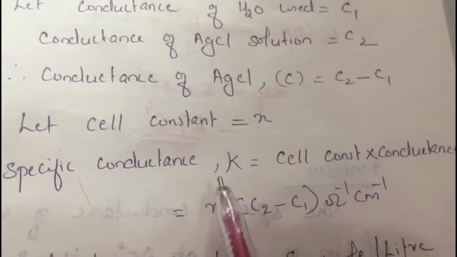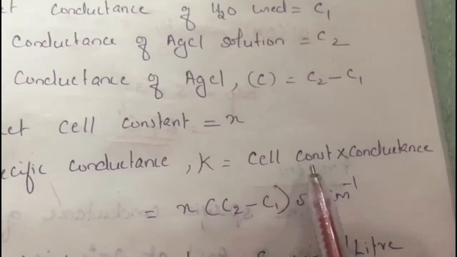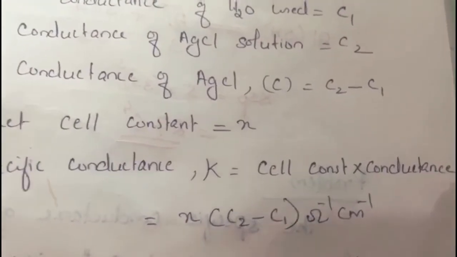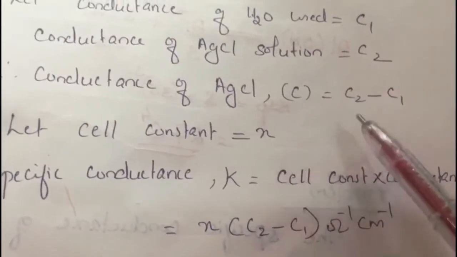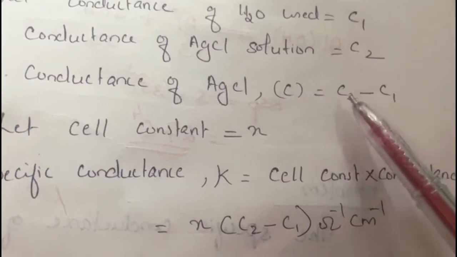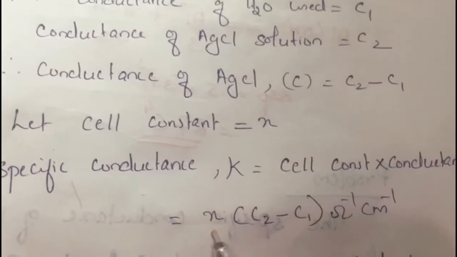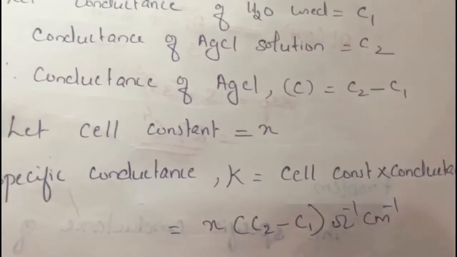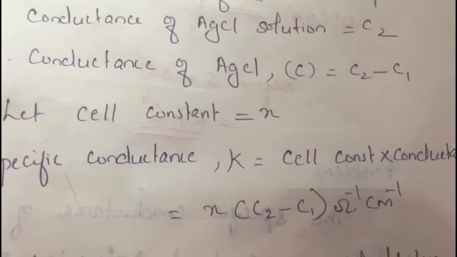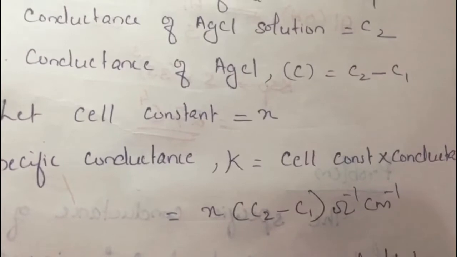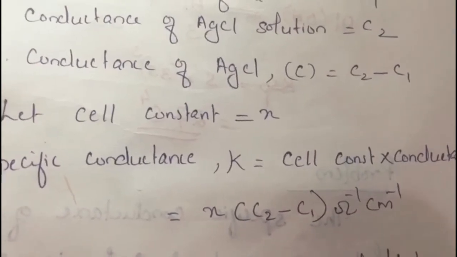Specific conductance kappa equals cell constant into conductance. We know the cell constant is X and the conductance of AgCl is C2 minus C1. Therefore the specific conductance kappa equals X into C2 minus C1. You can write the unit as Siemens per meter or ohm raised to minus 1 centimeter.